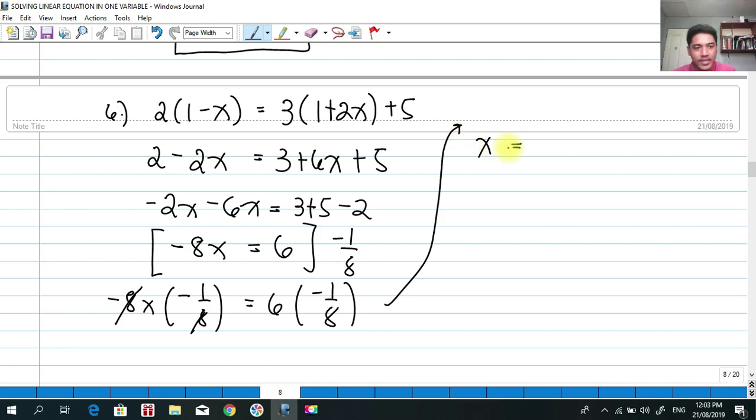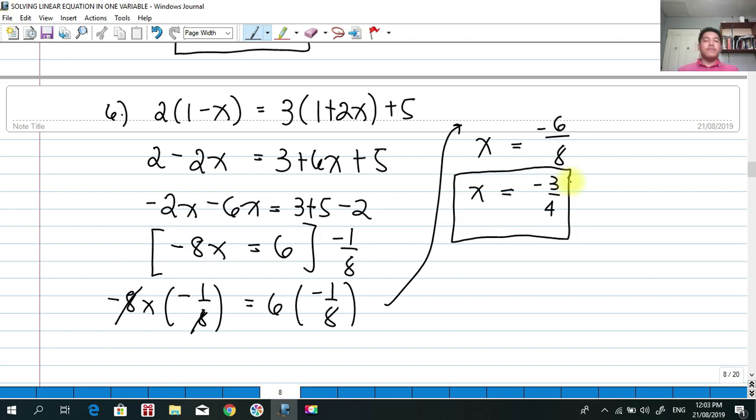Then we have negative 6 over 8, and we can simplify this to lowest terms, so we have negative 3 over 4. That should be our value for x in this linear equation.